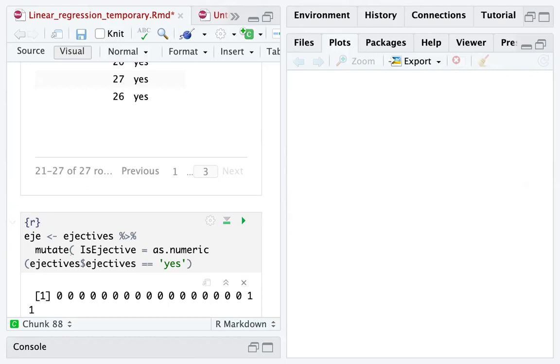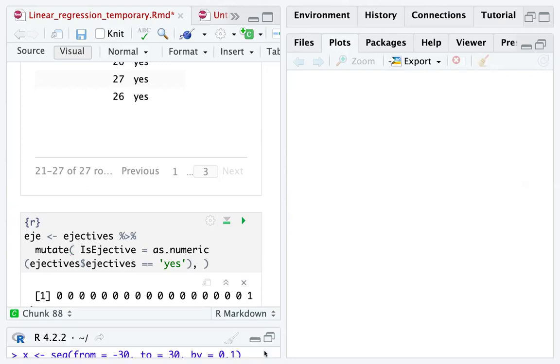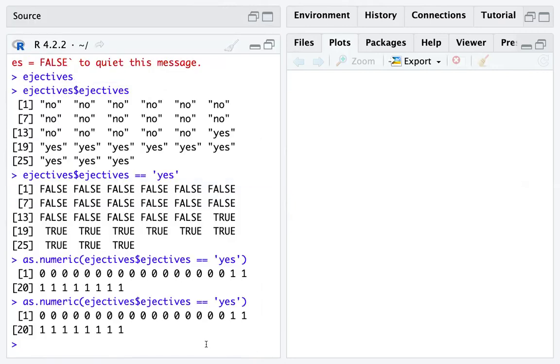And I don't remember here the syntaxes, so let me look for it.